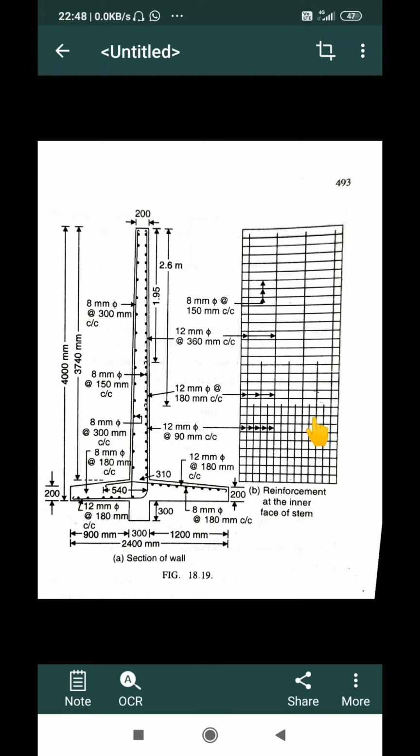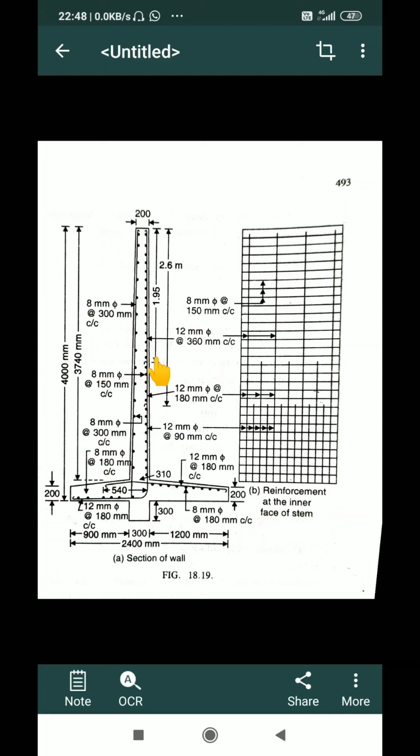Since the maximum earth pressure will be at a distance of 1/3 of the stem, till 1/3 height I will provide the full amount of reinforcement, that is 12 mm at 90 mm. After that I can reduce it to a certain extent.